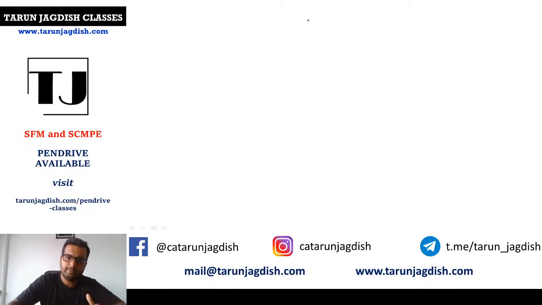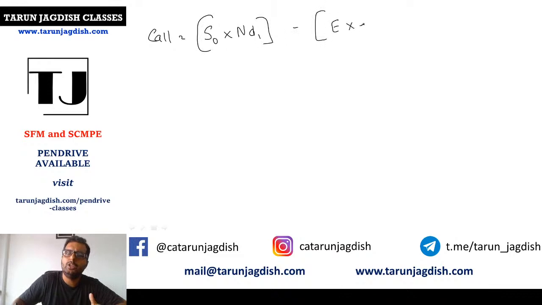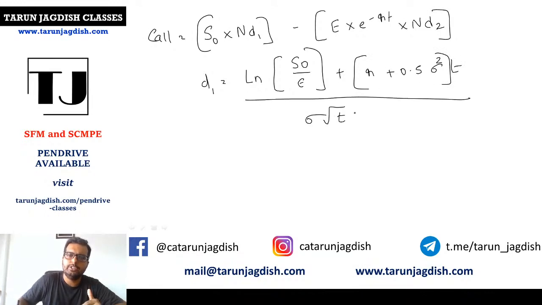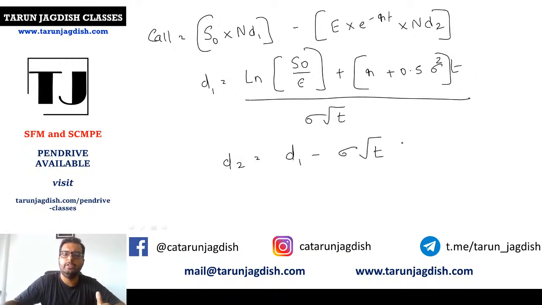The formula goes like this: value of a call is equal to S0 into N(d1) minus E into e raised to minus RT into N(d2), where d1 is equal to ln(S0 by E) plus (R plus 0.5 standard deviation square) into T, whole divided by standard deviation root T. d2 is equal to d1 minus standard deviation root T. Can you please write down this beautiful formula in your books now?